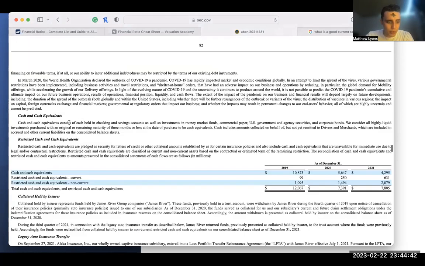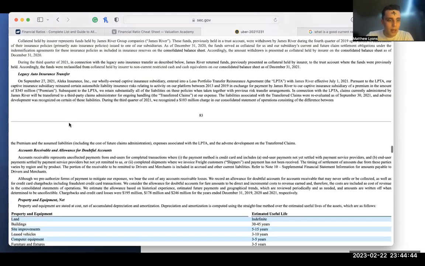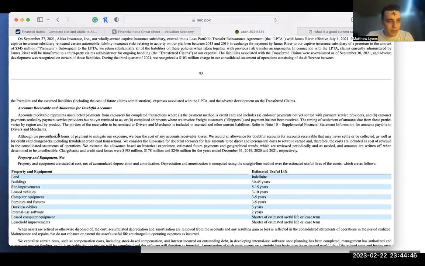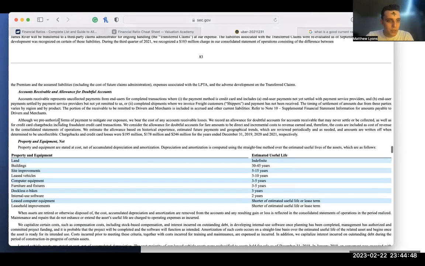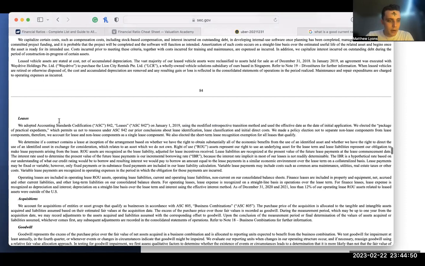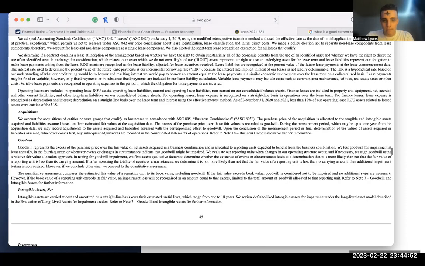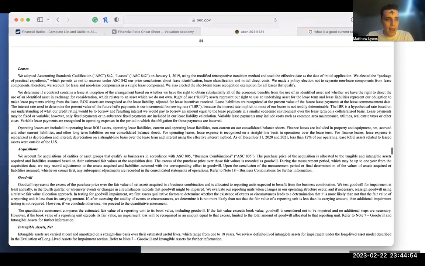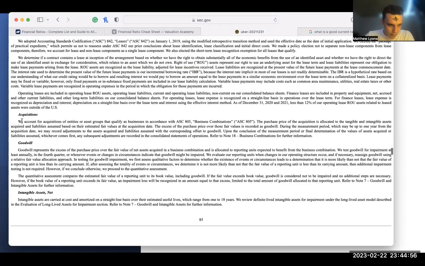Here's our cash and cash equivalents, if you were interested in that. Here's our AR, our accounts receivable. So it looks like here they're going through their assets. Now right here, I did a lot of work on Uber's financial statements, so I'll tell you right now, they bought 3 companies for several billions total.